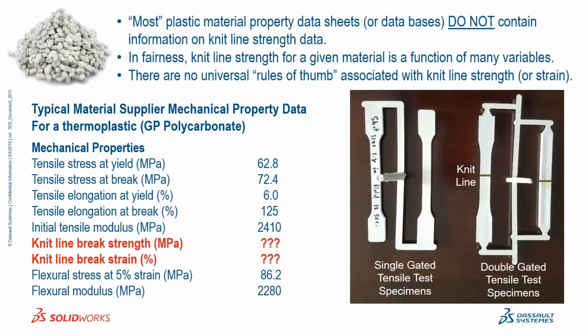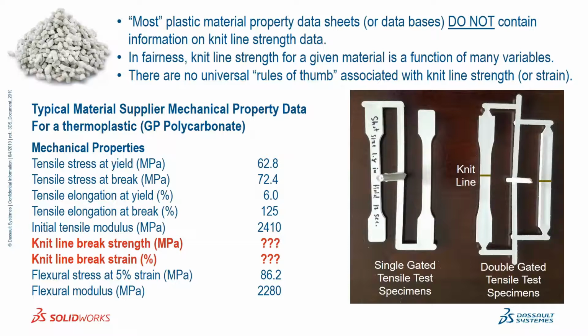One point I want to make straight up front here is to say that much of this is unknown because generally speaking, material suppliers do not publish weld strength data. So if you look at a data sheet for plastic or a database, you'll find mechanical property data. Could be tensile stress at yield, tensile stress at break, break stress, break strain, modulus, things of that nature.